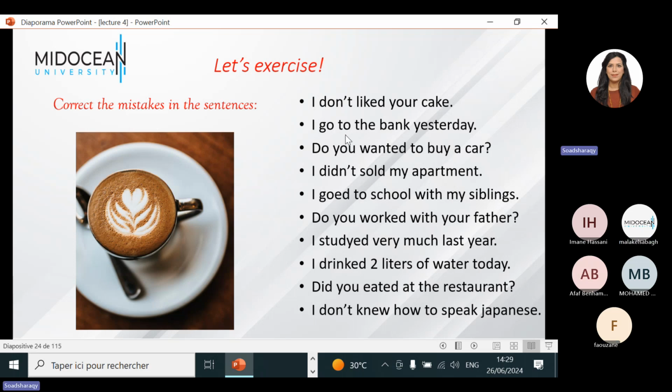So correct now the verb. Put the verb in the simple past. It's not go. Go is in the simple present. And here you have yesterday. So it's simple past. What do you say? The simple past of the verb to go is?